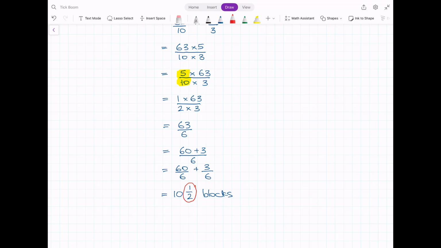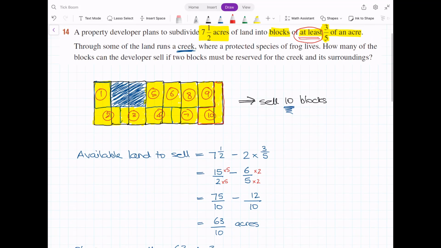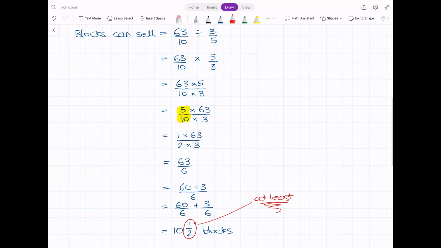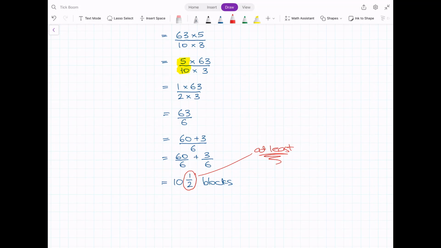Really, this leads us back to the words "at least" up in the question. The words "at least 3/5 of an acre" per block means that we could sell 10.5 blocks if they were all exactly equal to 3/5 of an acre.